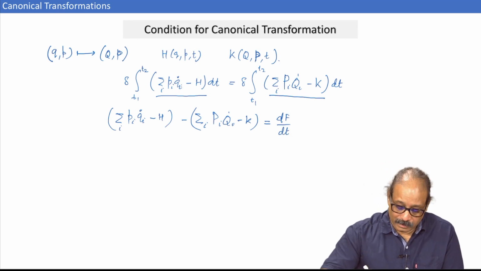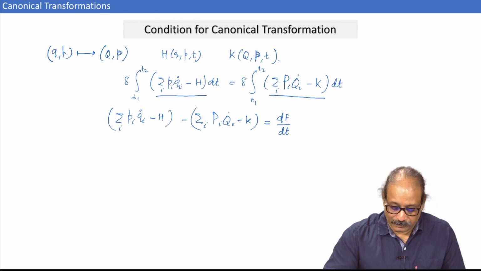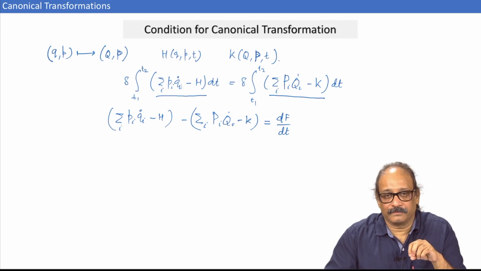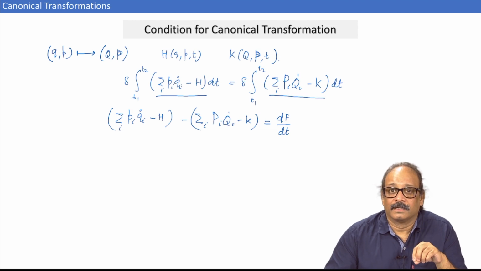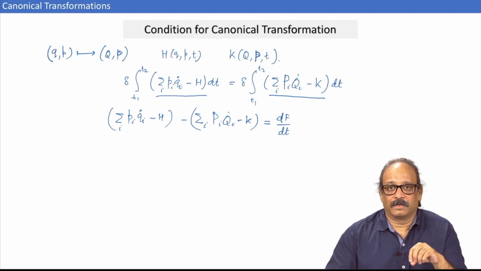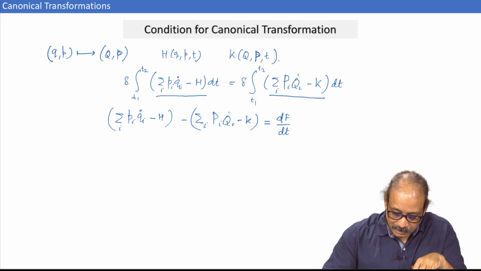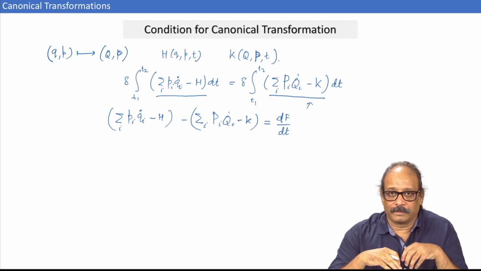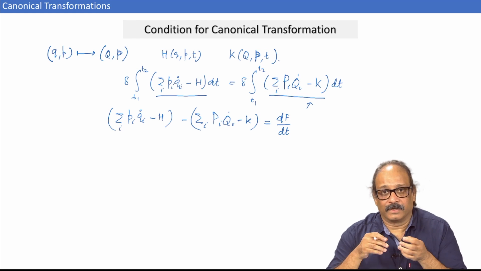Okay. Now, in the earlier case, you could have added this term to the left side, in which case you would express this capital F as a function of small q I and small p I. If I add this to this side, then this capital F is looked upon as a function of capital Q and capital P.